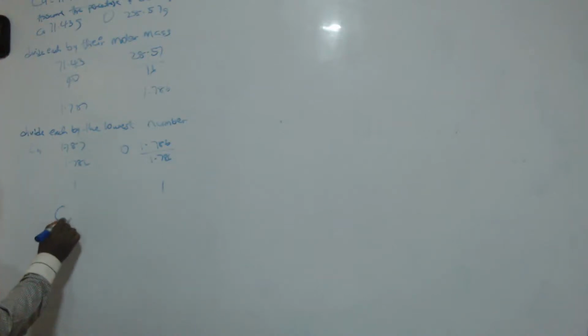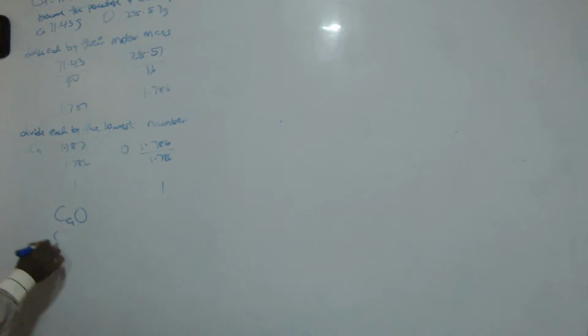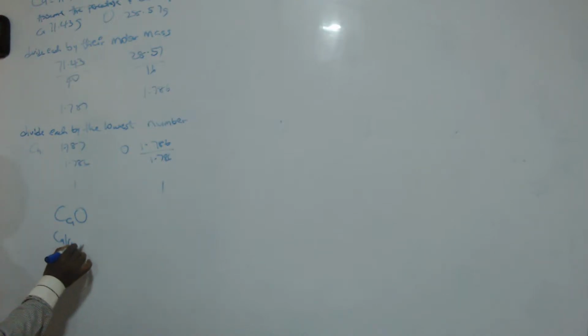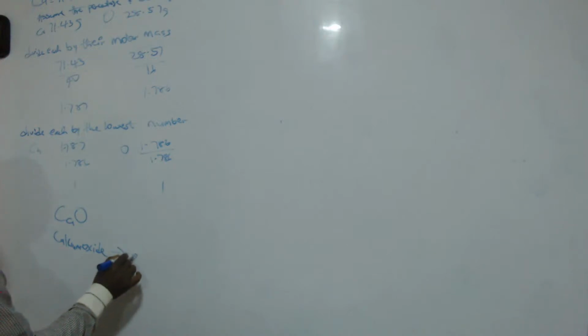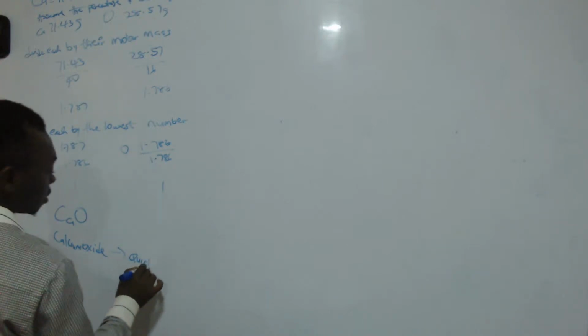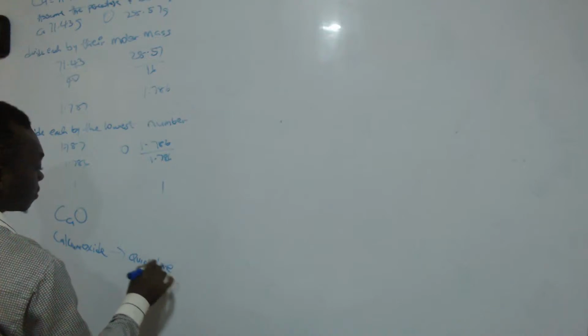What you get is CaO, calcium oxide, also known as quicklime. This is your empirical formula.